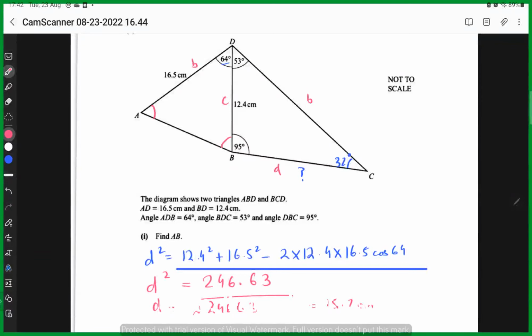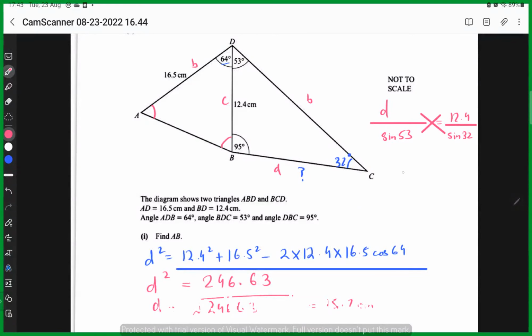So BC is unknown. Small d divided by sine 53, and that is equal to small c divided by sine 32, and c is 12.4. So I'll directly write down the value 12.4. And next I need to cross multiply at this point.